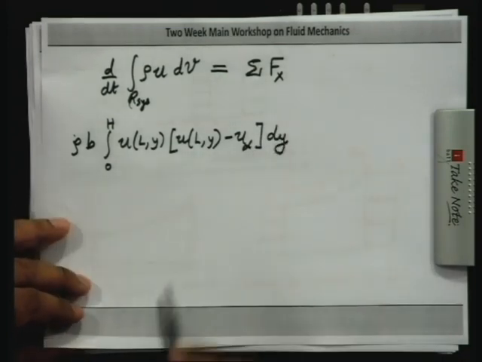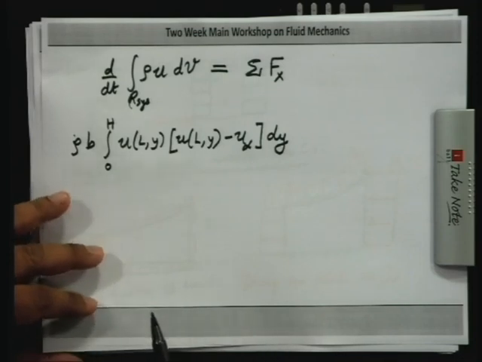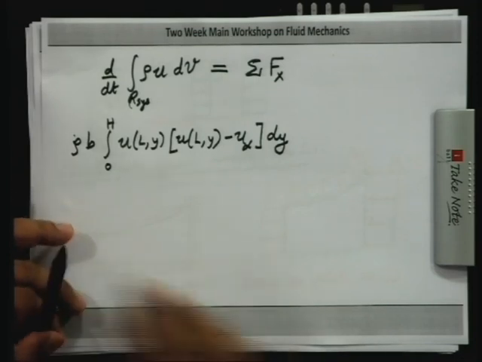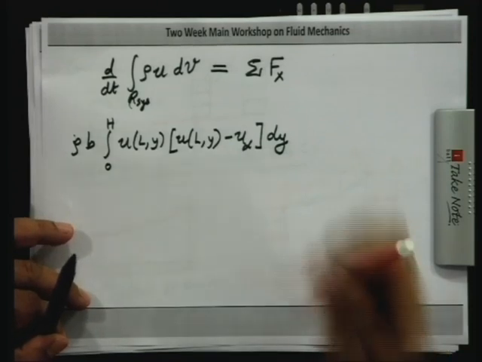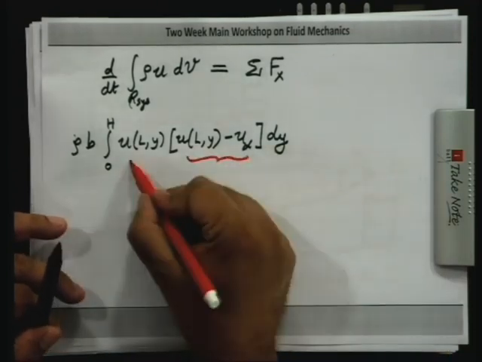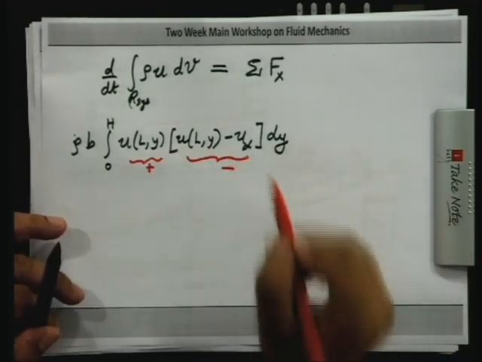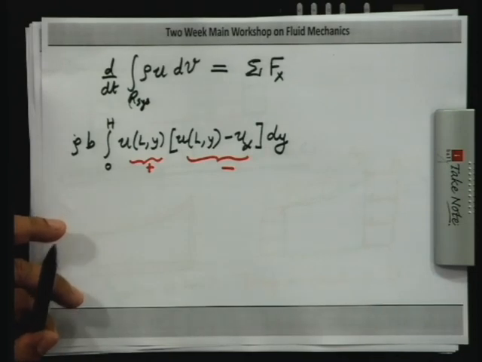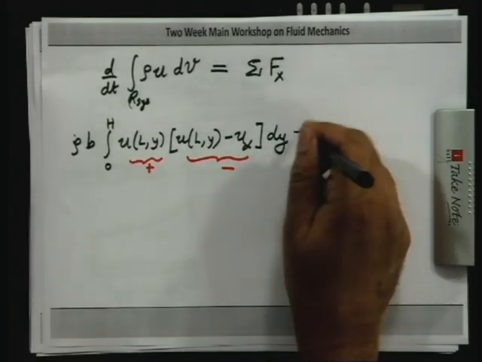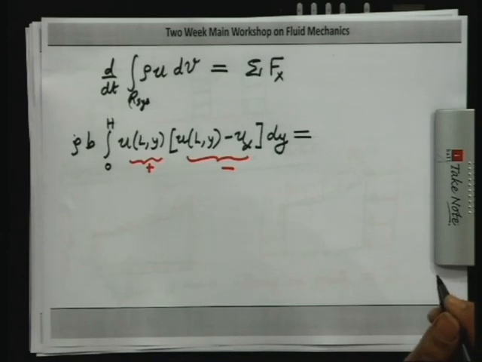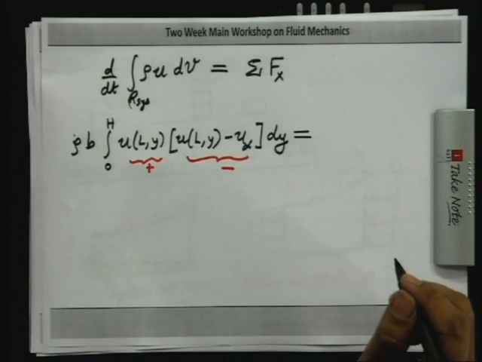This is the net momentum change of the fluid, and you can anticipate that this term is going to be negative, because this is plus and this is minus.